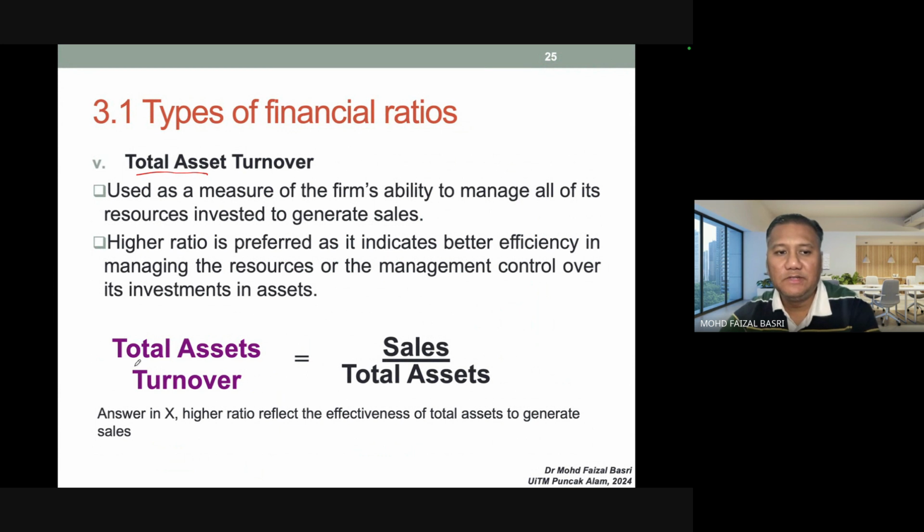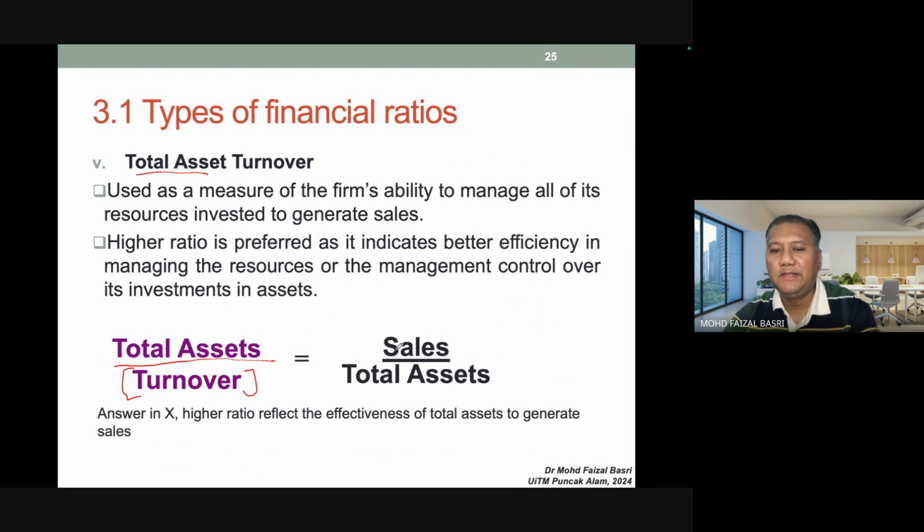So the word turnover ni can represent two things. Pertama, turnover adalah sales. And secondly, turnover ni boleh represent that the position of the items ni is turned over ataupun the other way around. Instead of you bahagi total assets dengan sales, dalam case ni you flip it over, sales tu dekat atas.